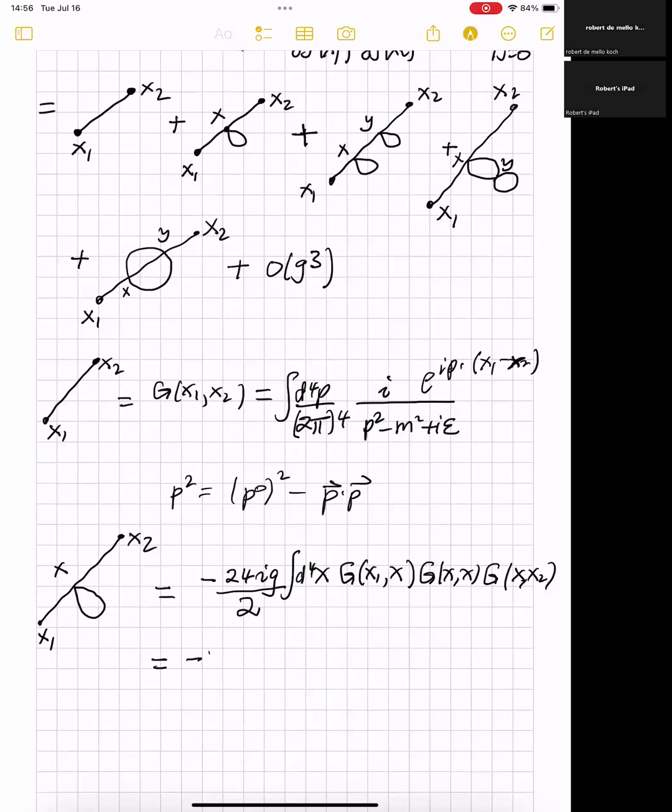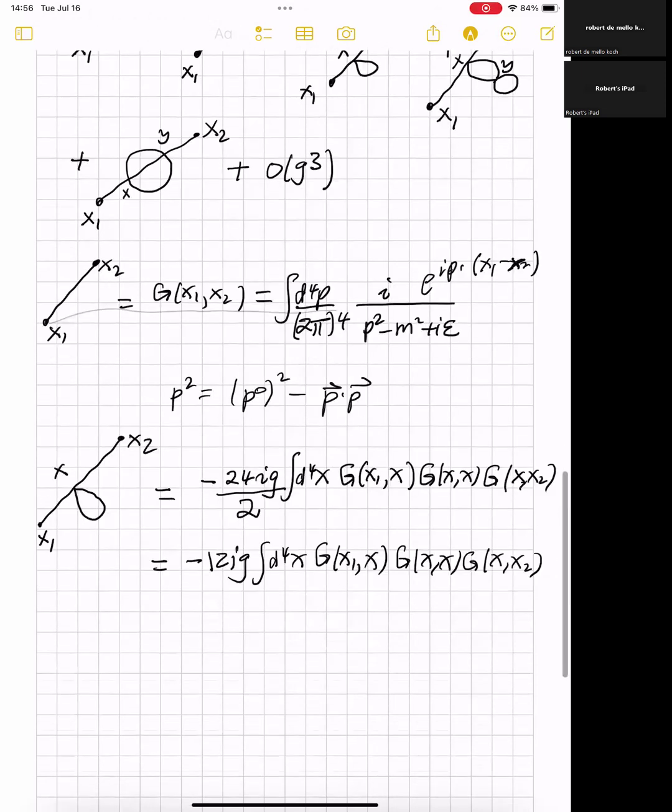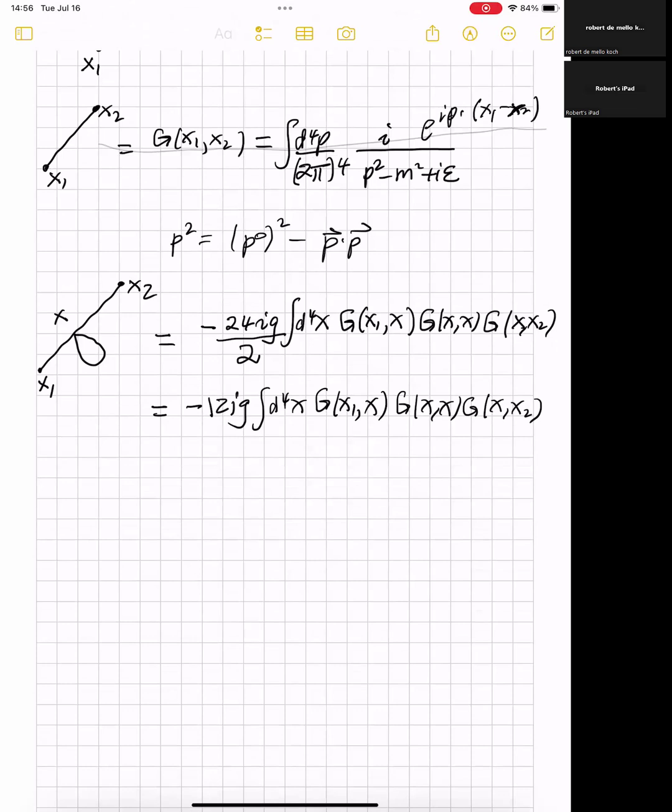So this is minus 12ig integral d4x g of x1 comma x, g of x comma x, g of x comma x2.